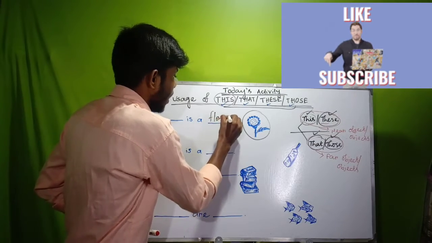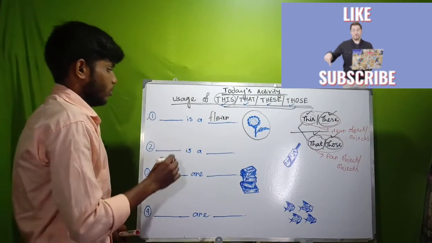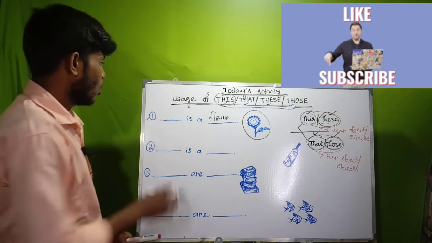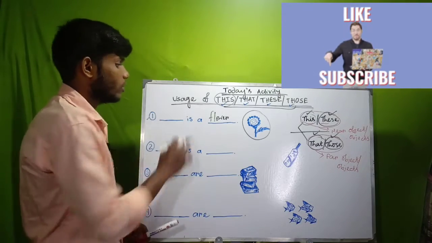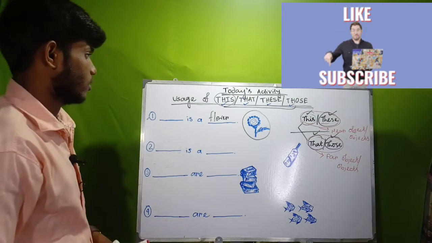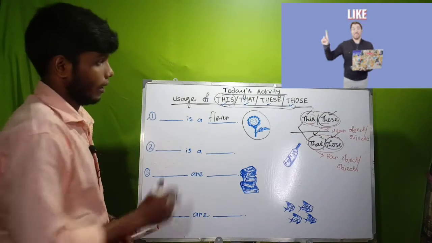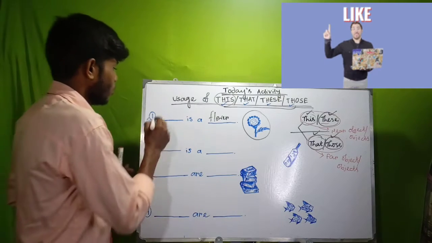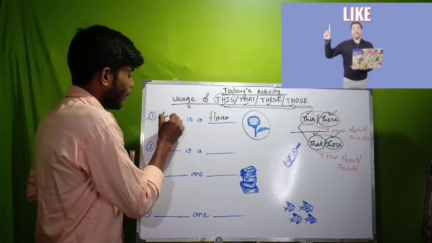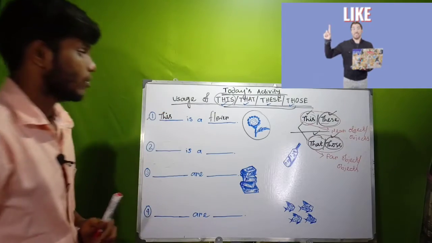What subject will I put down in the sentence: this, that, these, or those? We put down this. Why? Because this is a flower.